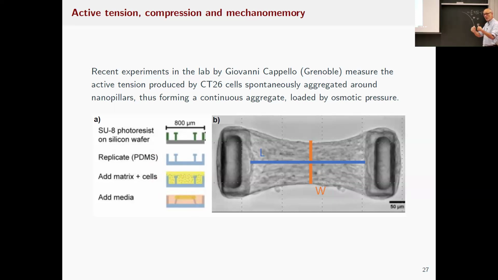So you can measure the force produced by this collective cell sample. By comparing capital L versus the original length, you understand how much force they are producing.